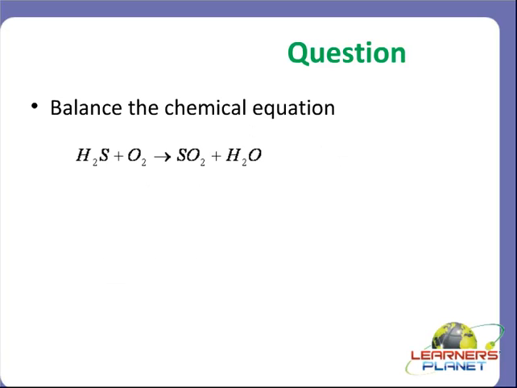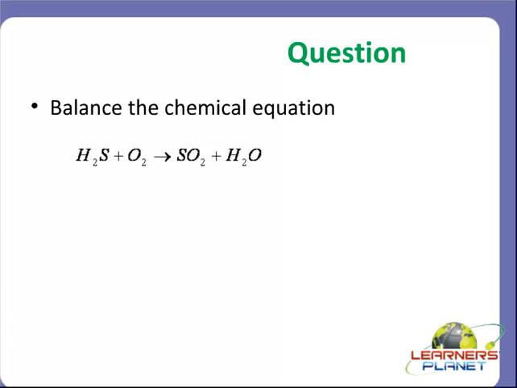In our previous sessions, we discussed questions about balancing of chemical reactions and also the types of chemical reactions. In this session also, I'll be discussing a few more reactions about balancing. Now let's take up our first question, which is: balance the given chemical equation.